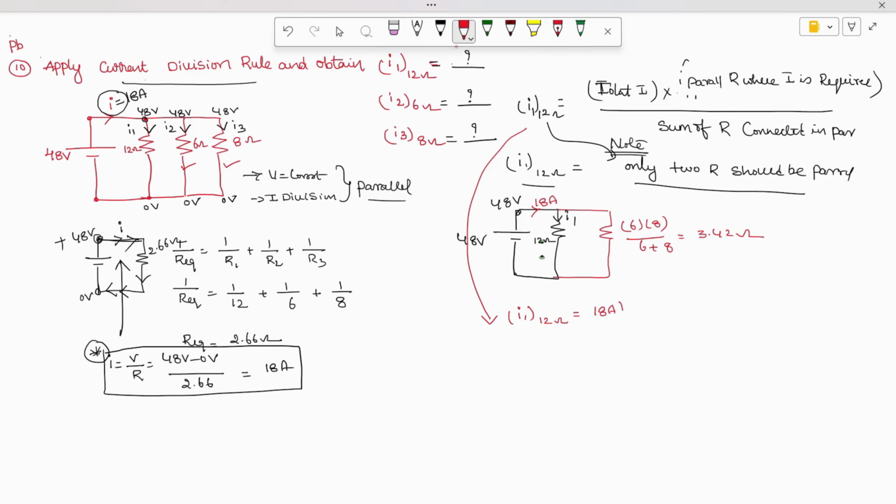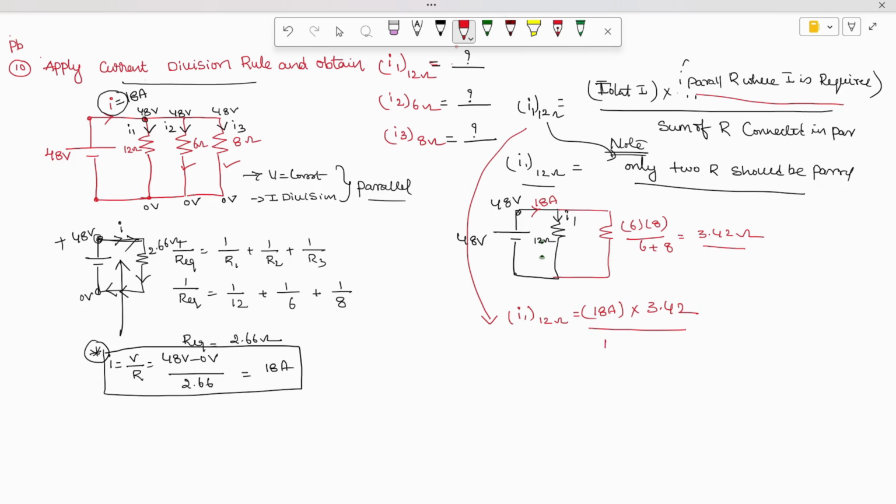Total current is 18 amperes multiplied with the opposite branch, the parallel branch where voltage is required. So in this branch, I want the current. What is the branch in parallel to this resistor and what is the resistance value? So this is 3.42 divided by the sum of resistors which are connected in parallel. So what is the sum of the two resistors?